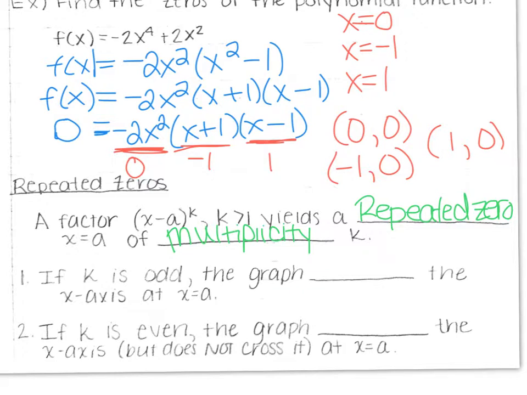So when we have a repeated zero, it means that zero happens a few times, and the number of times that it happens is indicated by our multiplicity, which is that exponent.